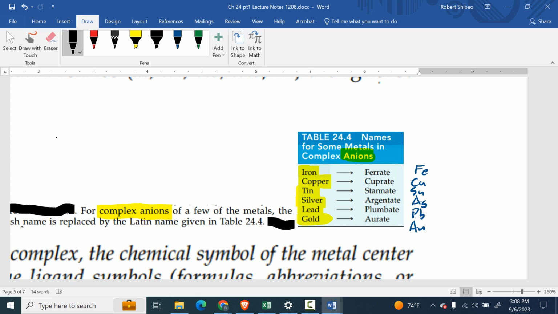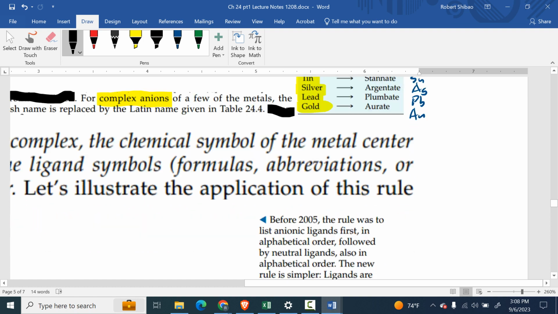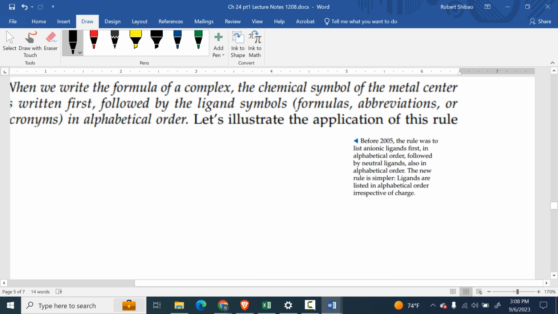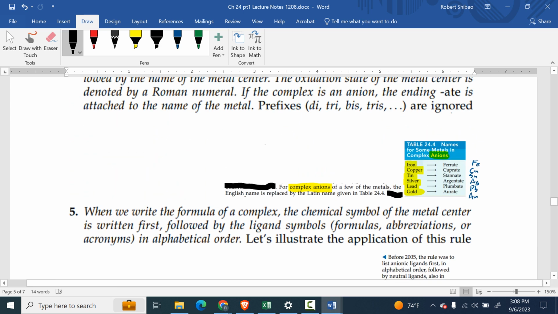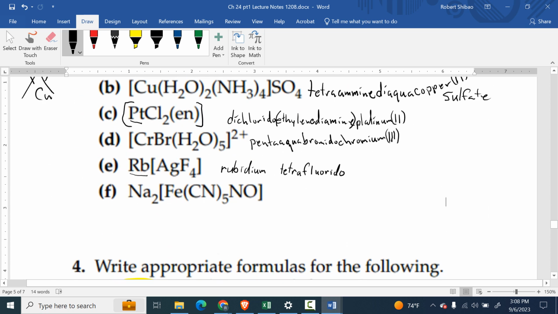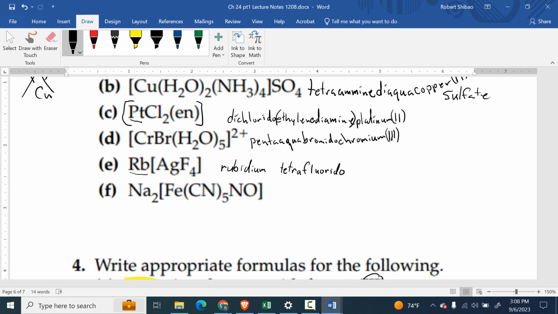Okay, sodium isn't that common in anion complexes, but if there's sodium in an anion complex, rather than sodiumate, we might call it natrate, from natrium, something like that. And so here, rather than calling this silverate, I'm going to call it argentate. And so this is all one word, argentate.